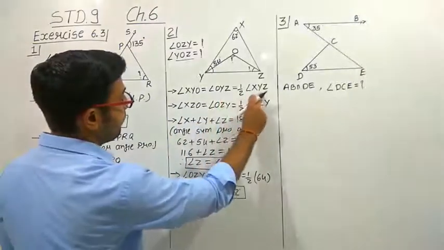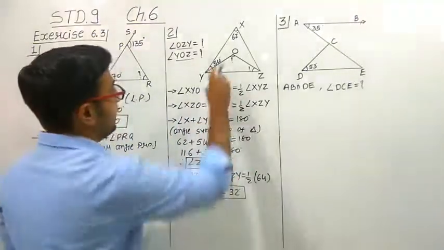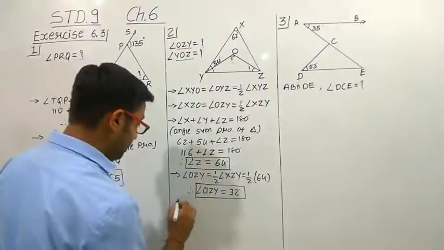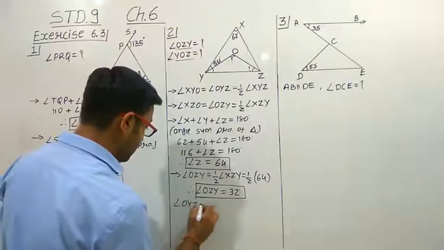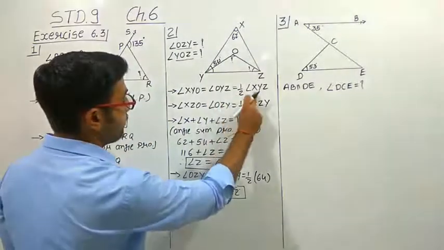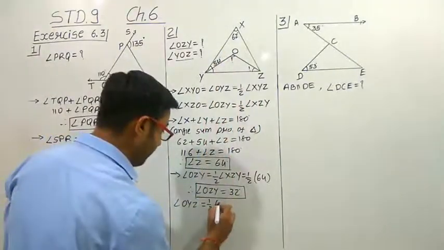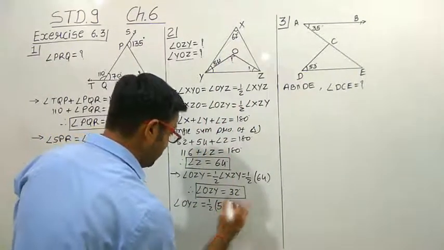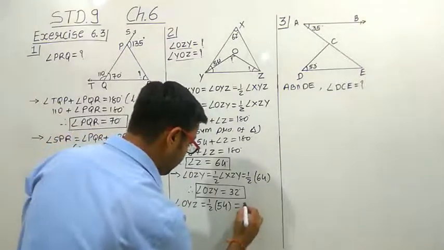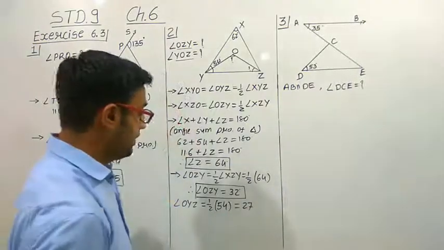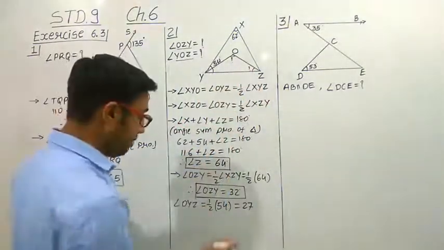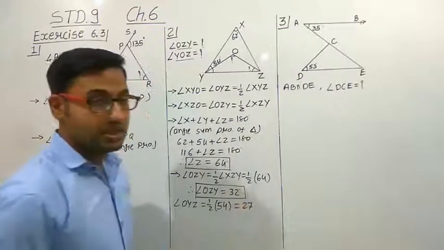OYZ will be 1/2 of angle XYZ, and XYZ is 54. So angle OYZ is 27. Now we have two angles of triangle OYZ: one is 32 and the second one is 27.